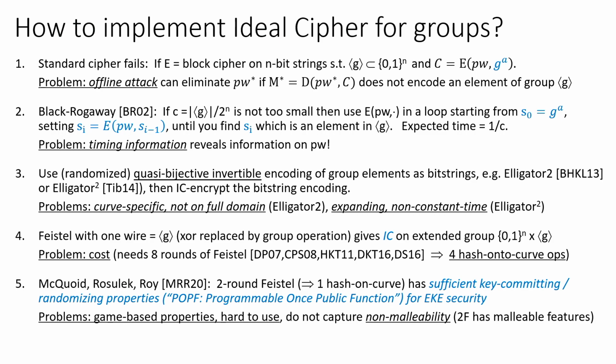Black and Rogaway gave another construction like this. If the group is a significant fraction of a bit string domain, then to encrypt a group element, you use a cipher over the bit string domain in a cycle until you hit a group element.